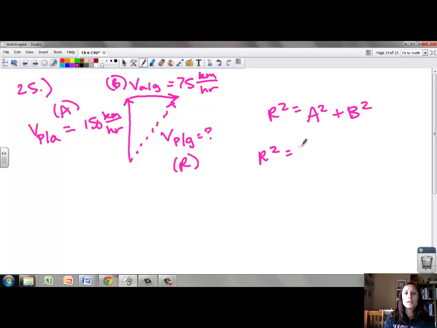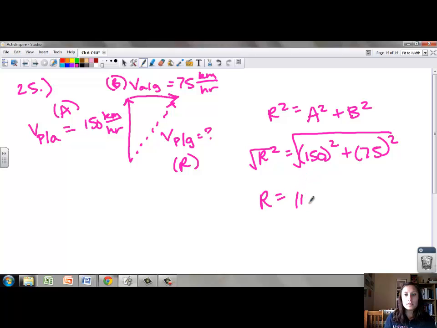So R squared equals my 150 squared plus my 75 squared. And so then if I square these and square root everything, then I get that R equals 167.7 kilometers per hour. And we could also find the angle if we wanted to.